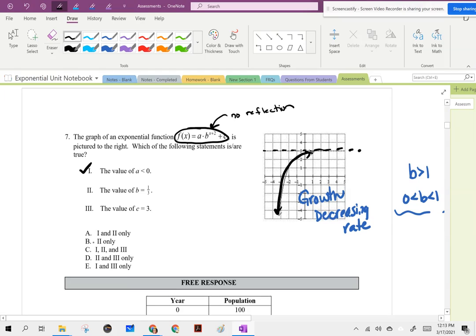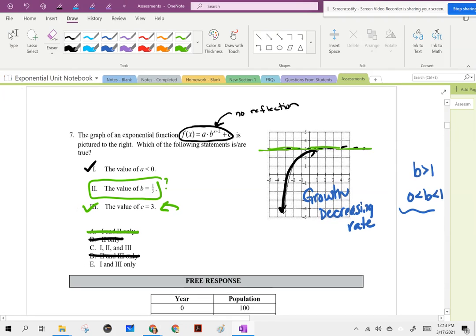So that means I can eliminate B and D. Now, the next easiest thing to identify is the value of C. So the value of C is that horizontal asymptote, so that one is also correct. All right, so now I can eliminate answer choice A because it didn't include part 3. And so now I'm down to whether or not this is correct or not.